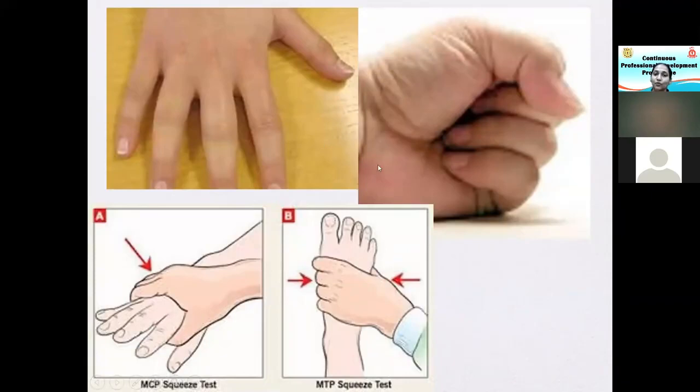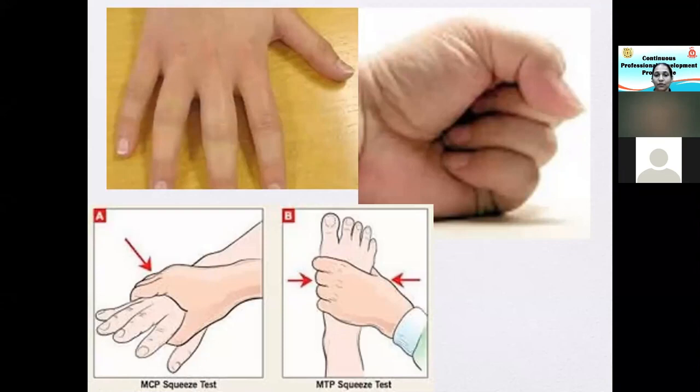You can ask the patient to make a fist. Fisting is impaired or reduced in early arthritis. The metacarpophalangeal squeeze test can be used where you squeeze the lateral four metacarpophalangeal joints and pain is produced.